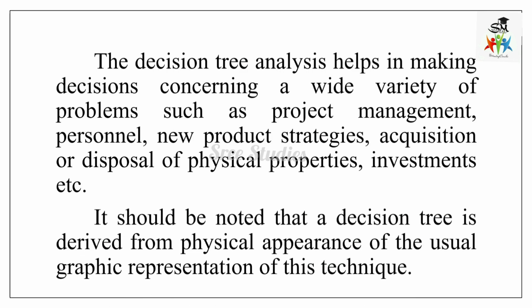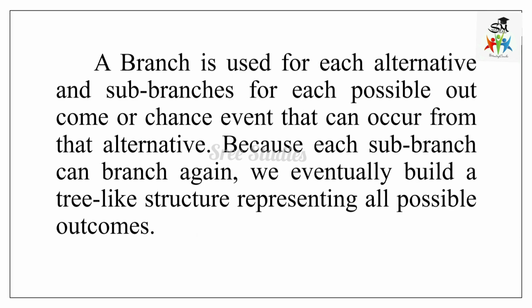It should be noted that the decision tree is derived from the physical appearance of the usual graphic representation of this technique. When you draw the alternatives and then the future conditions, you come to know it looks like a tree. A branch is used for each alternative and sub branches for each possible outcome, chance or event that can occur from that alternative.